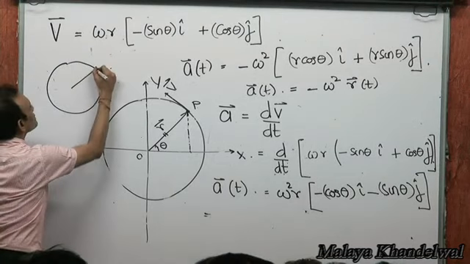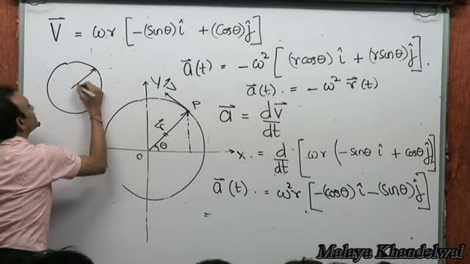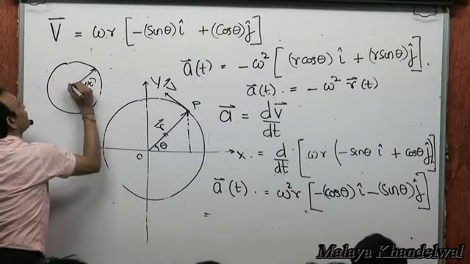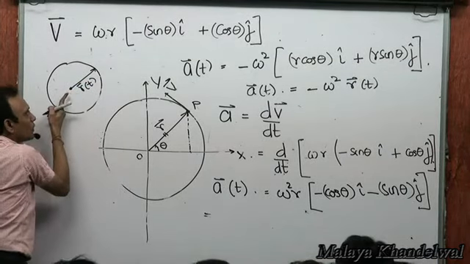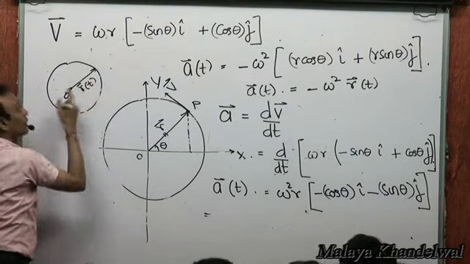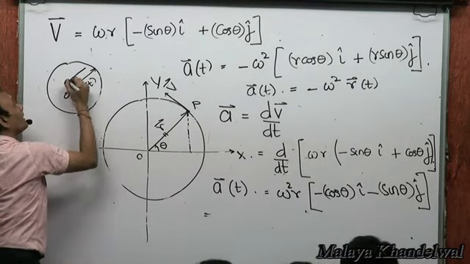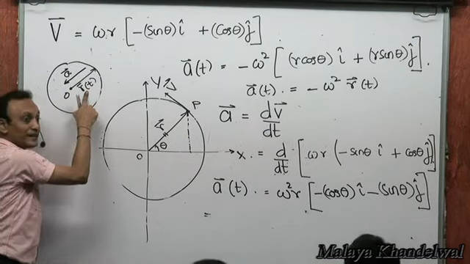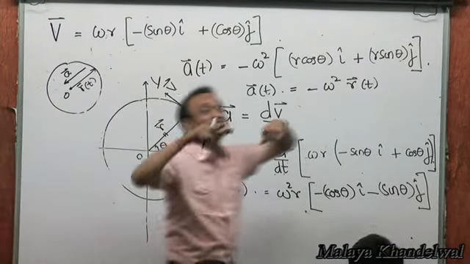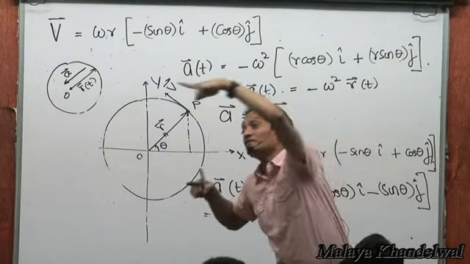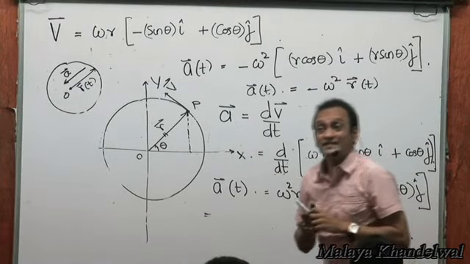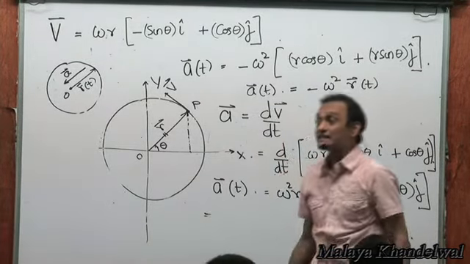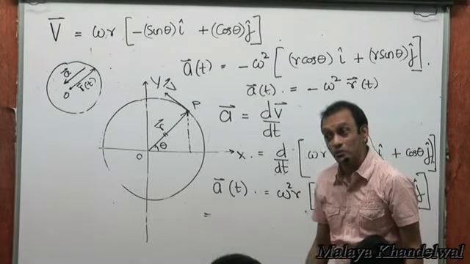The direction of R is like this at a given instant of time. R is going away from the origin, whereas A is directed towards the origin, opposite to R. Yes or no? That means this acceleration is directed towards the center of the circle in uniform circular motion.